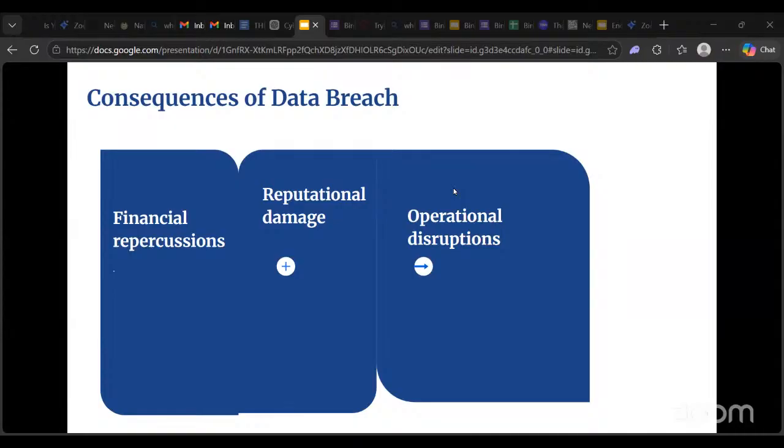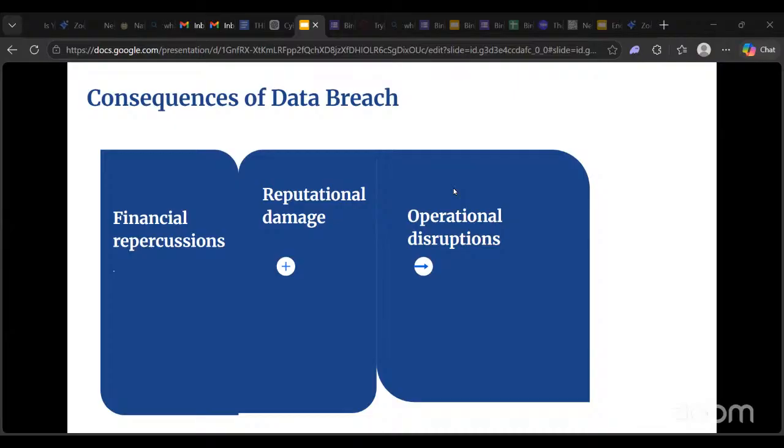Let me give you a scenario for a bank. Should a bank experience a data breach and the attacker was able to gain access to the data and was also able to get some funds from multiple accounts.